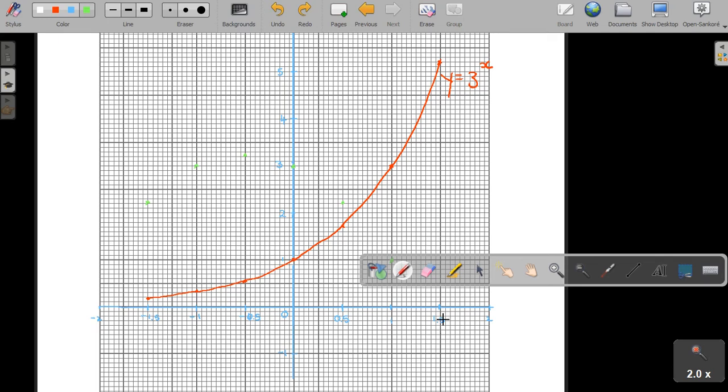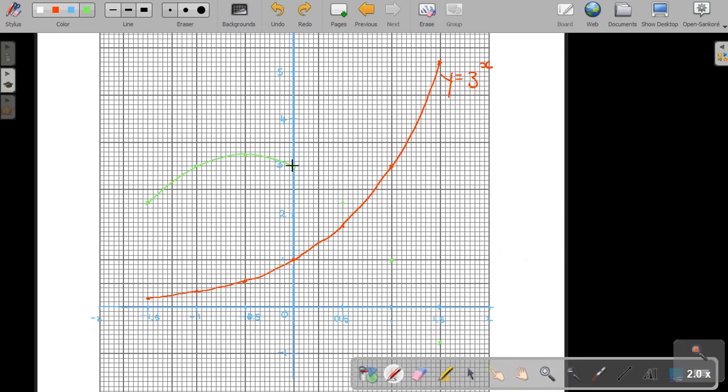Okay, so it works. And if I draw that line, okay, and this equation will be y is equal to 3 minus x squared.